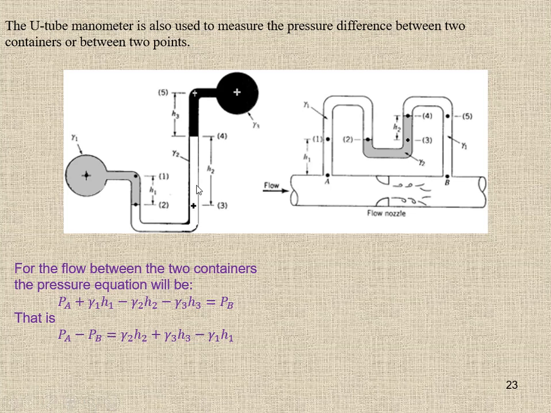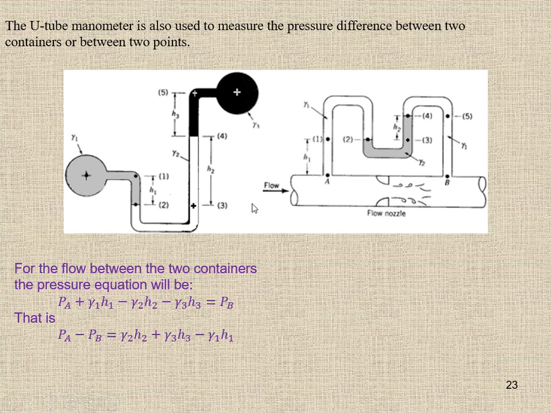The density of the manometric fluid is gamma 2, the density of the fluid in container 1 is gamma 1, and the density of the fluid in container 2 is gamma 3. So the procedure is the same. This is the lowest level of the manometric fluid, so this is our reference point.